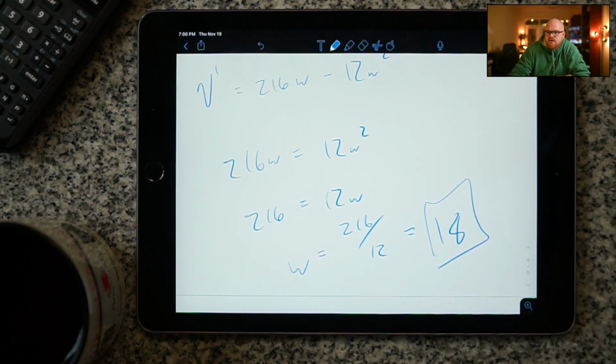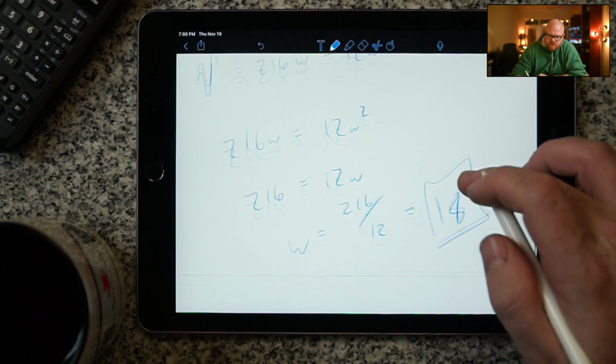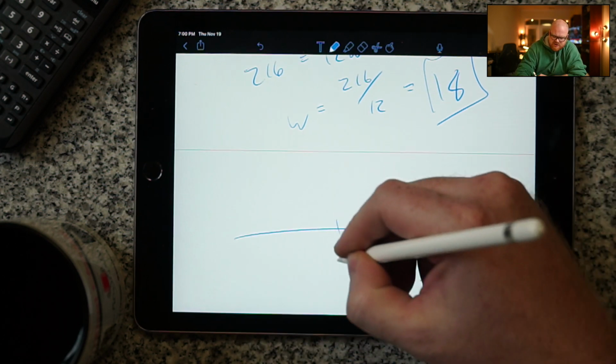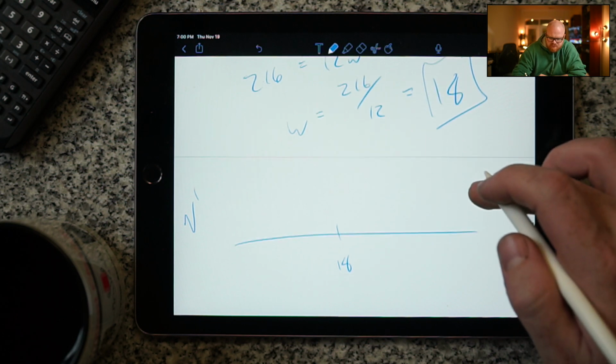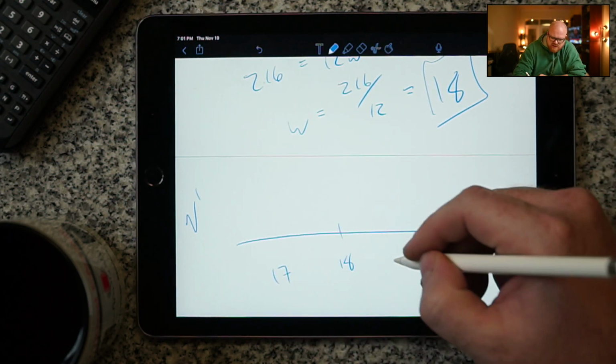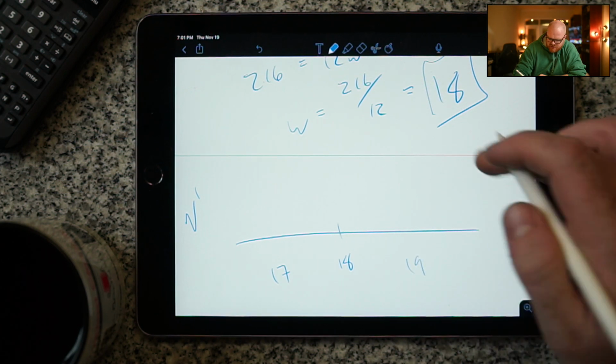So then we need to do an analysis of signs. Can we do an analysis of signs? They do a second derivative, which I guess is another way to do it. I wonder if we do a regular peanut butter and jelly analysis of V prime for 17 and let's say 19.